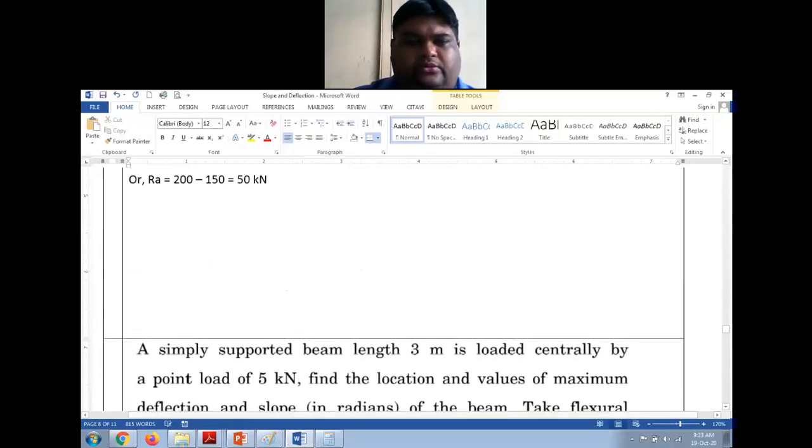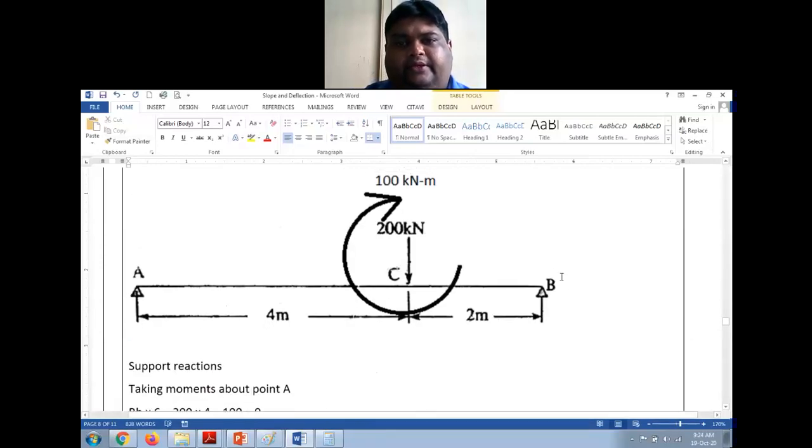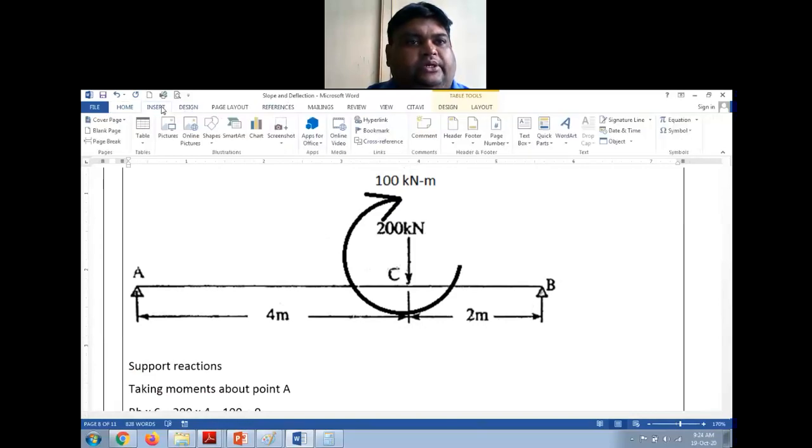What I will do, consider a section XX at a distance of X meter from support A, right? So I'll just show that.